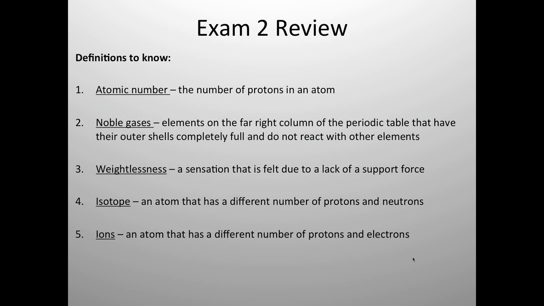And then lastly, ions are atoms that have a net charge because they have a different number of protons and electrons. Protons have a positive charge, electrons have a negative charge. If they have the same number of protons and electrons, then those charges cancel each other out. But if you have an unequal number of protons and electrons, you end up with an ion, and that ion can be either negative or positive depending on if you have gained or lost electrons.